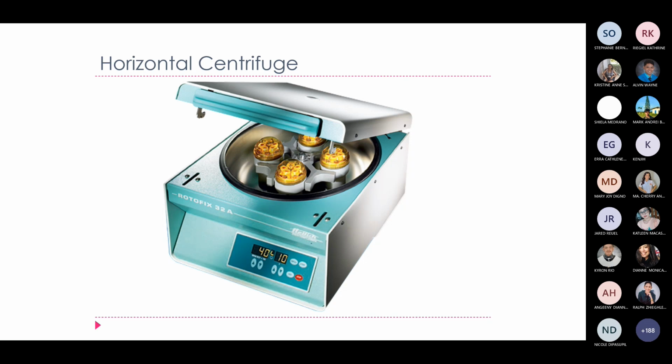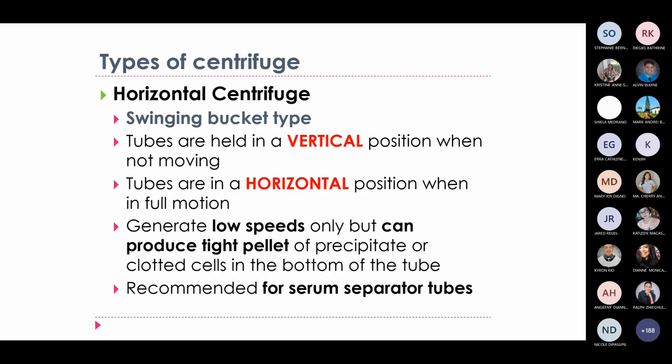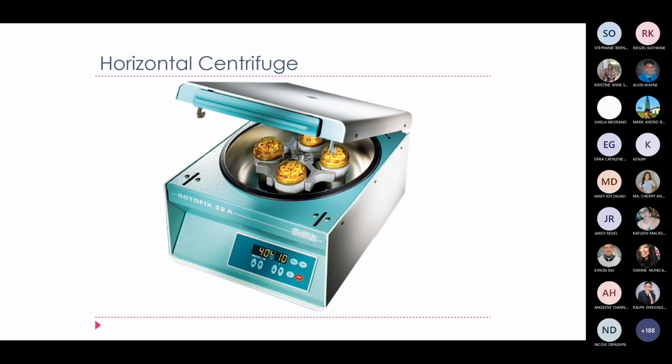For those of you who are not yet able to see or operate this centrifuge, it swings. That's why it is the swinging bucket type. In the hospital where I worked, those were the centrifuges there.